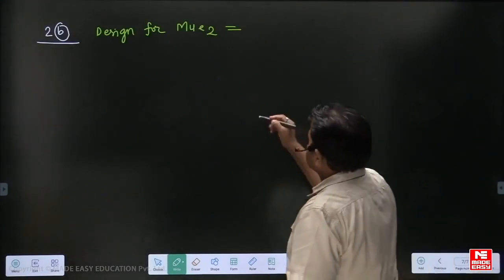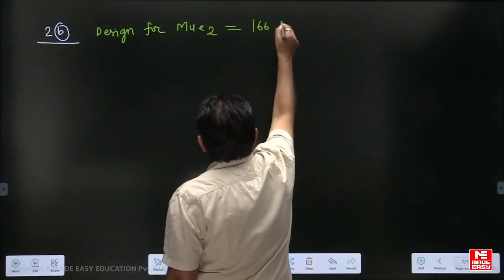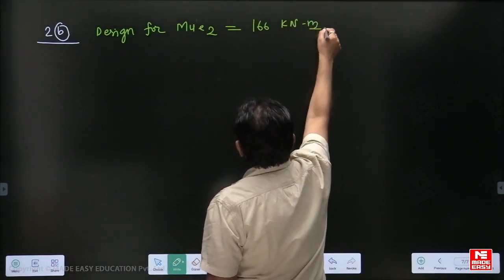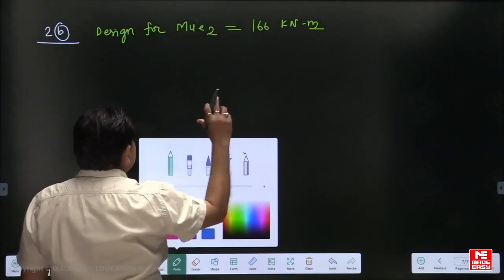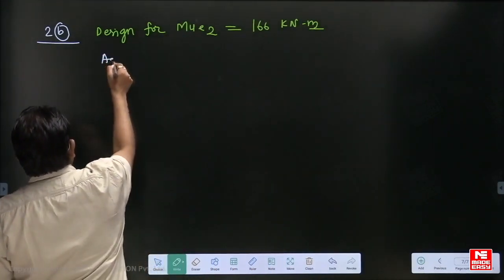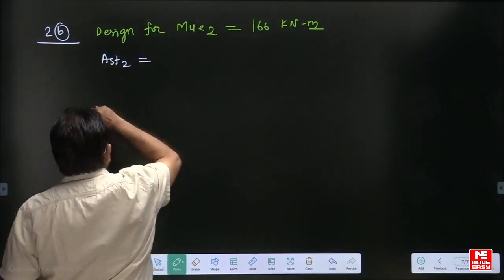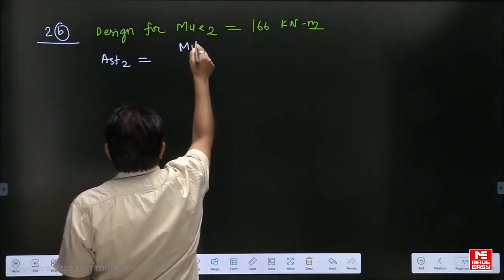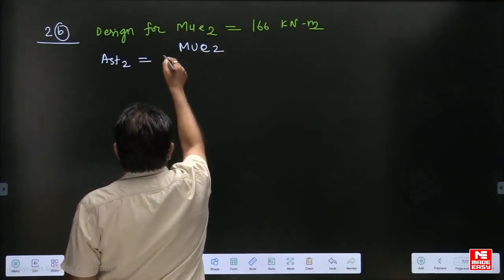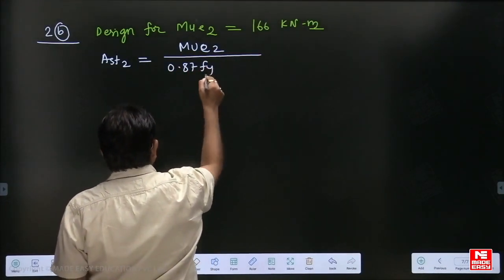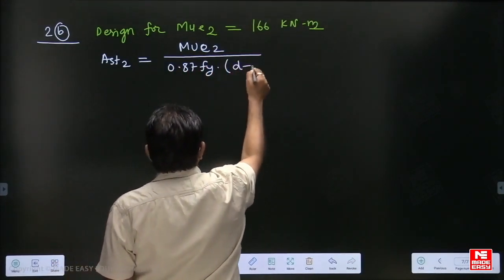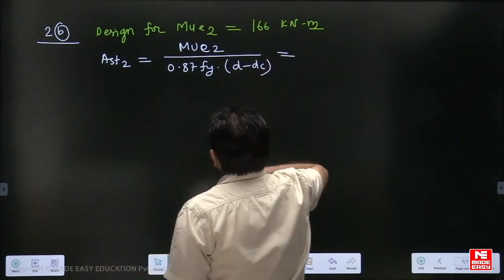Now for 166 kilonewton meter, because it has to be provided on top, its lever arm will become d minus dc, and the area of steel of this second moment, Ast2, let's write. You can calculate like this: Mu equivalent 2 divided by the stress in reinforcement, considered 0.87 fy, and lever arm you can consider d minus dc. You will get this value.